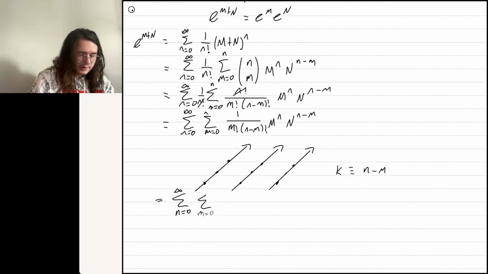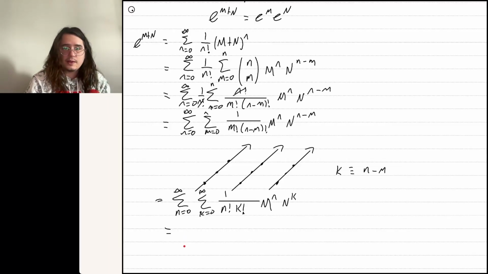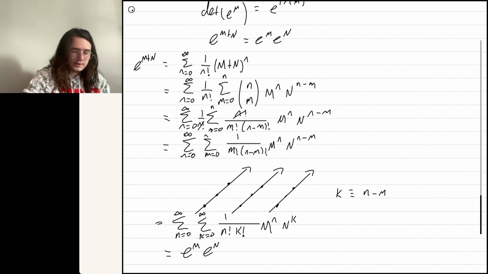This is now going to be a sum over k equals 0 to infinity of 1 over n factorial times k factorial, m to the n, n to the k, which means it's a couple of exponential Taylor expansions. So that's e to the m times e to the n, which is what we were trying to prove in the first place, that this is equal to that.